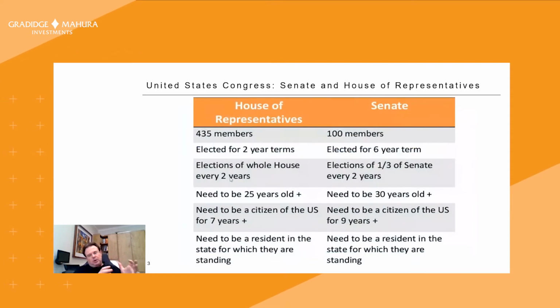We elect the president, but we also elect the House of Representatives and a portion of the Senate. So let's look at the House of Representatives. 435 members. And if you get elected there, you stand for re-election every 2 years. Now, in South Africa, when we have parliamentary elections, you are effectively elected for 5 years.